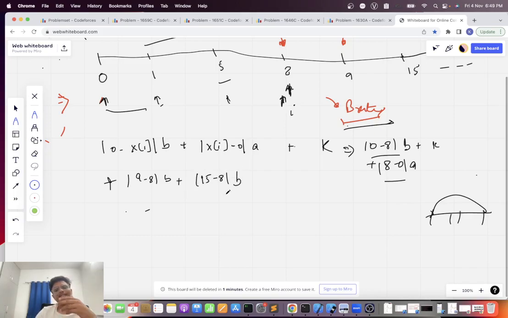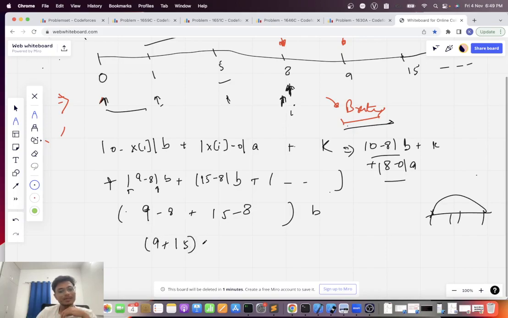So I can easily say that these are increasing values, so I don't need to put the absolute value braces. I will say 9 minus 8 b, taking b out for all these values because b will be common. I'm conquering from this position. So 9 minus 8, 15 minus 8, that will be equal to the sum of all the elements minus the number of elements into 8.